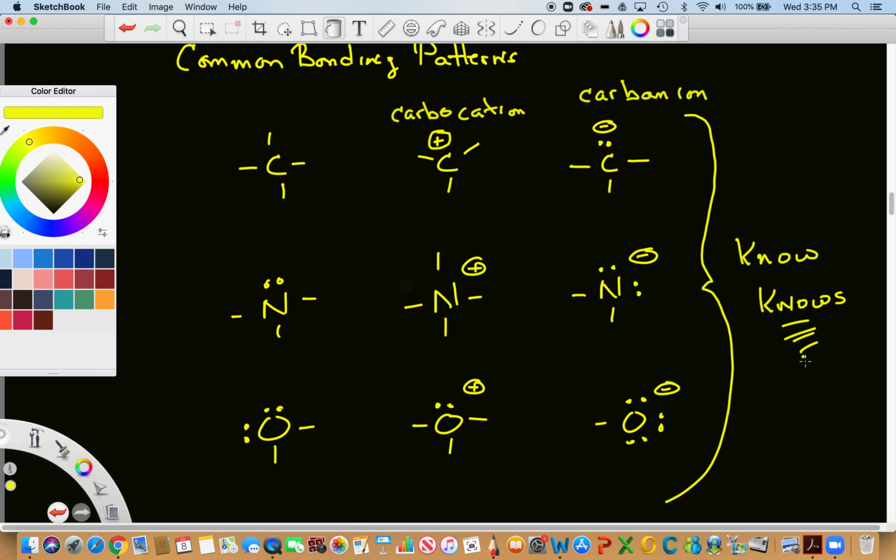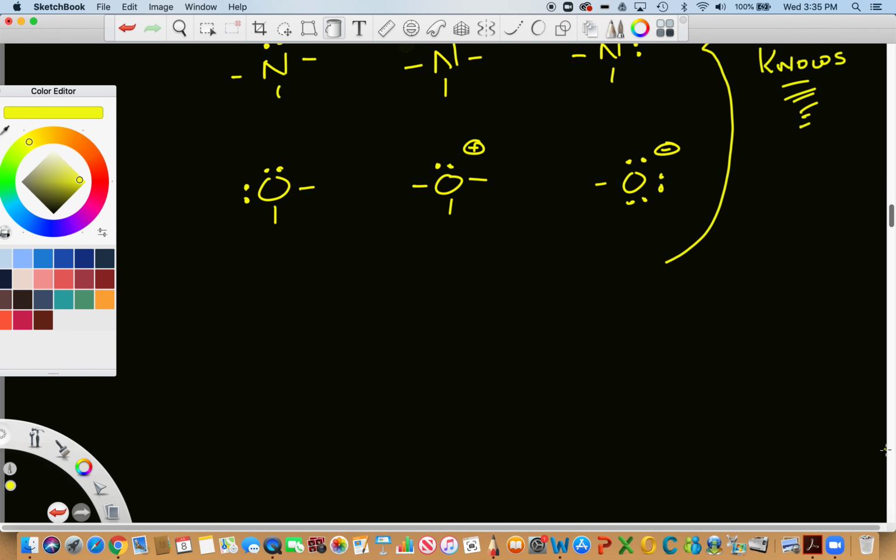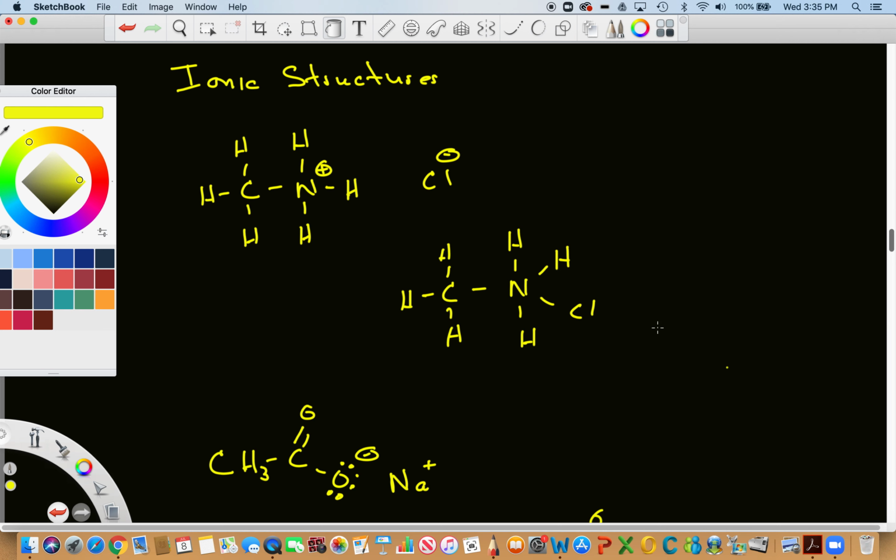This is a pattern that you're going to see over and over and over again. So you need to be very familiar with this, because it's going to help us with ionic structures.